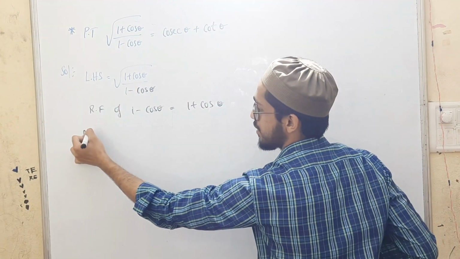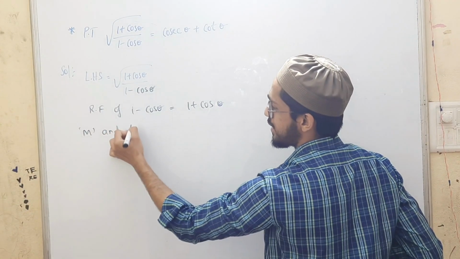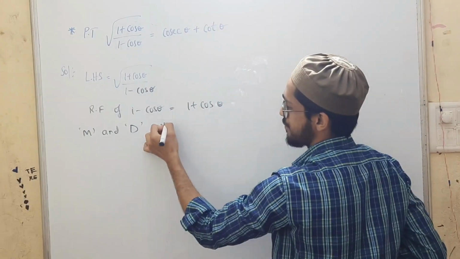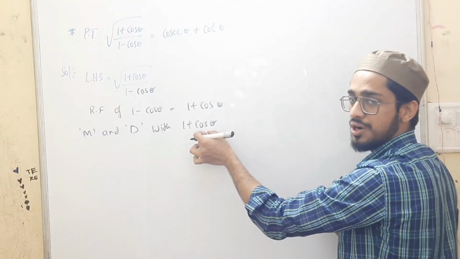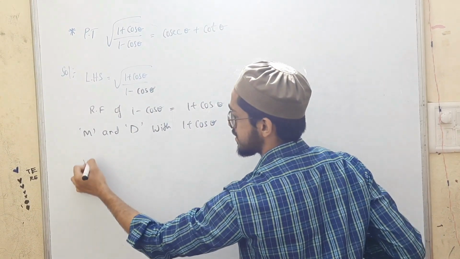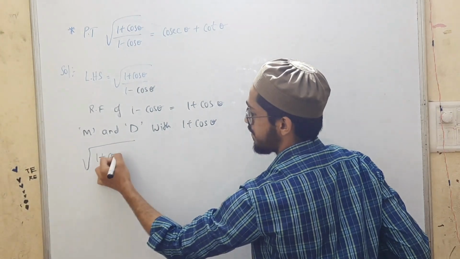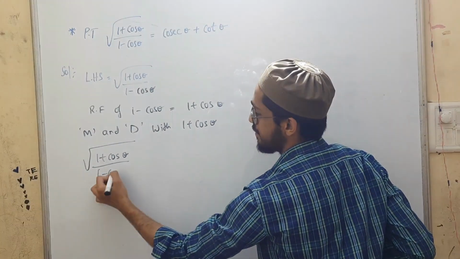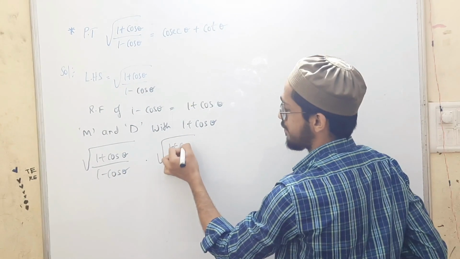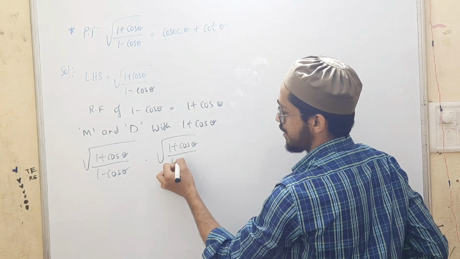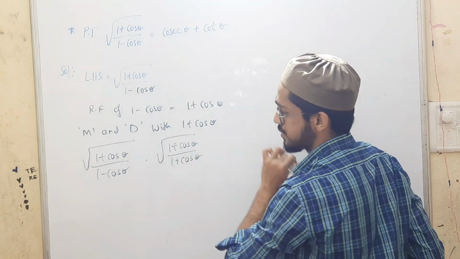Next step, multiply and divide by 1 plus cos theta. The rationalizing factor which you got, you need to multiply like this. Under root of (1 plus cos theta)/(1 minus cos theta) into under root of (1 plus cos theta)/(1 plus cos theta).